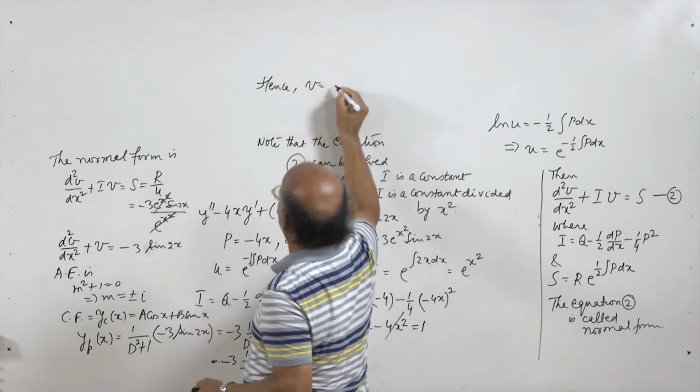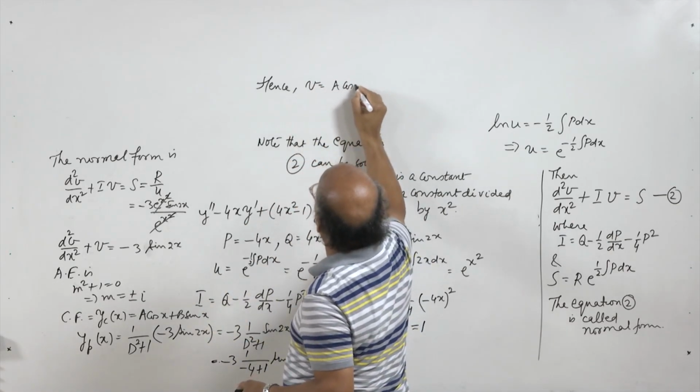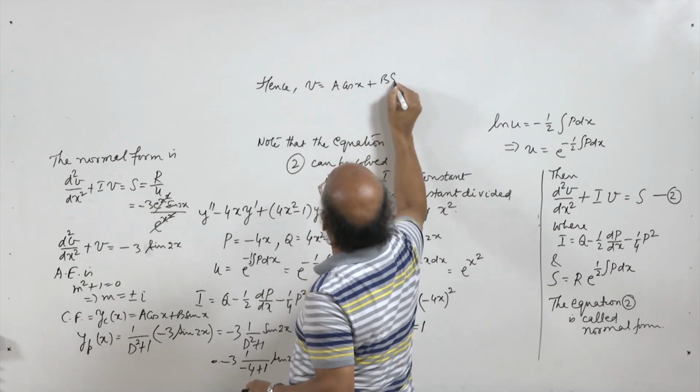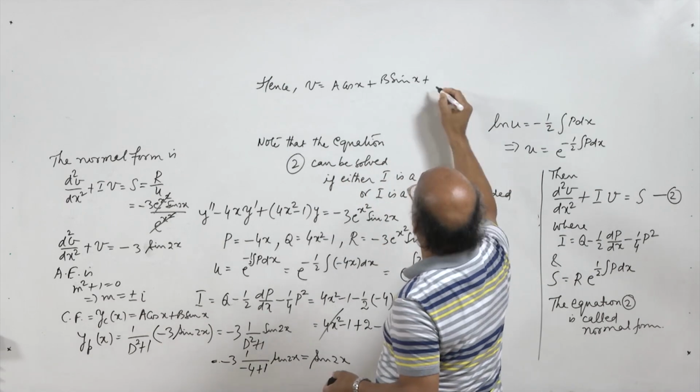So, this way we get the value of v. Hence v is equal to y_c plus y_p. So, v is A cos x plus B sin x plus sin 2x.